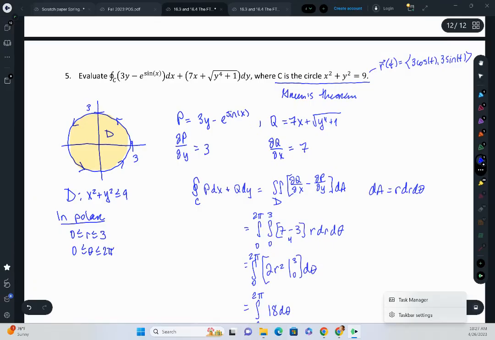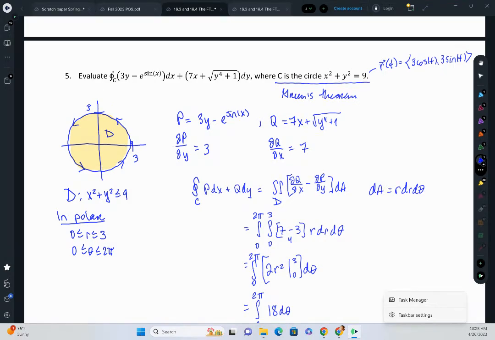Now imagine those replacing all the x's and the y's in the P dx and the Q dy. So that e to the sine of x would now be e to the sine of 3 cosine of t. I don't know how to integrate that. That's crazy stuff. The square root of y to the 4th plus 1 would now be the square root of 81 sine to the 4th plus 1. I don't know how to handle that either.